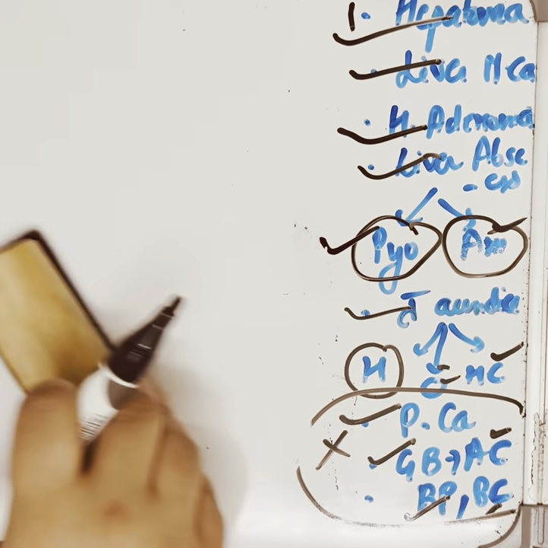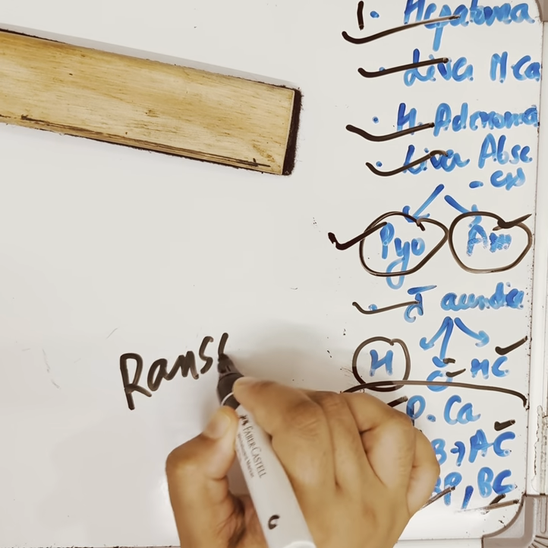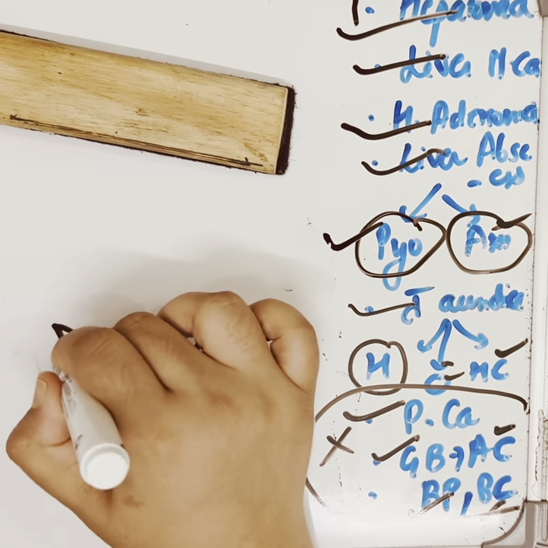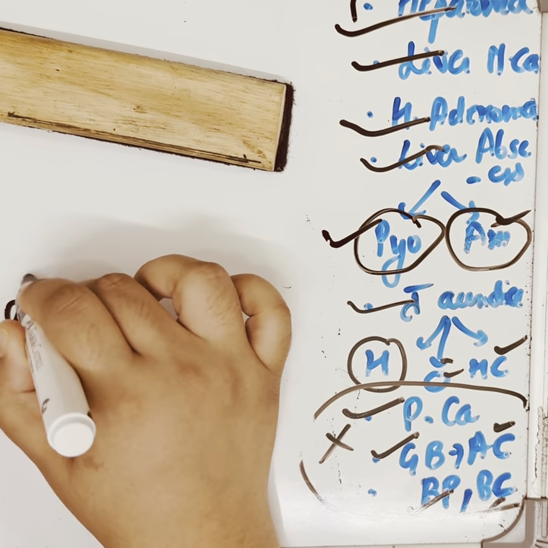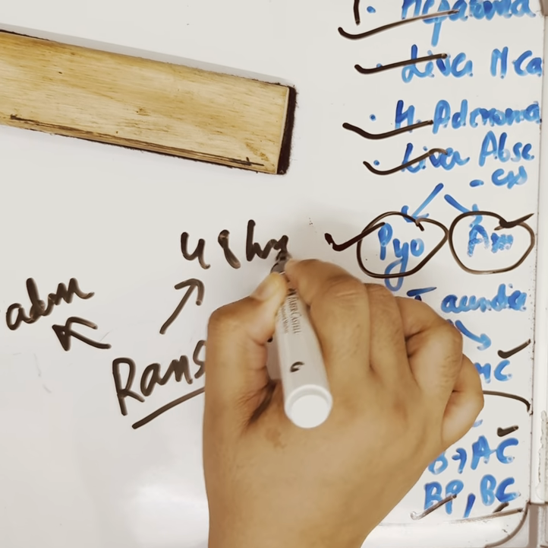So the mortality is high, and it can be predicted by the Ranson criteria in acute severe pancreatitis. Now Ranson criteria is both at the admission and at 48 hours.